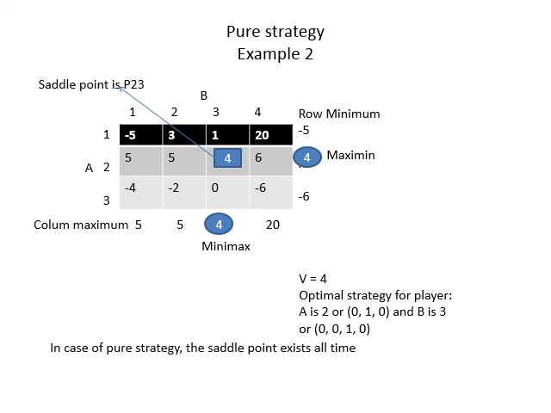So the result of this operation is that maximin equals 4, equals minimax equals 4.